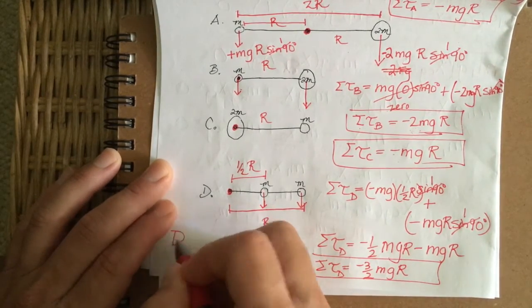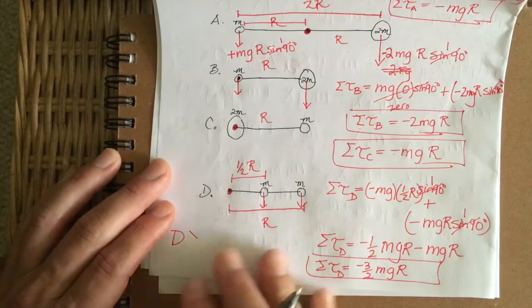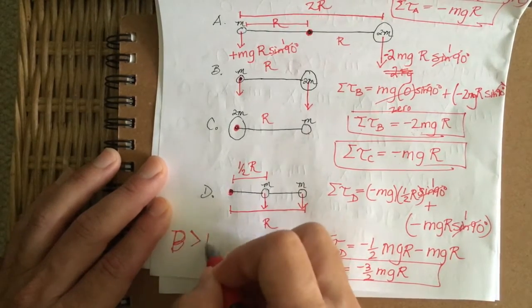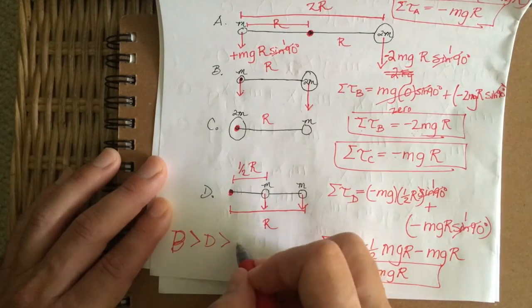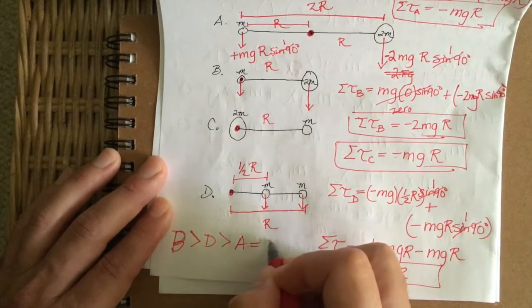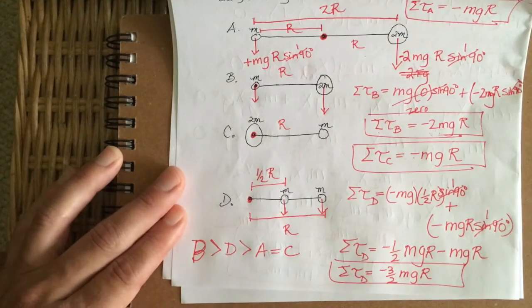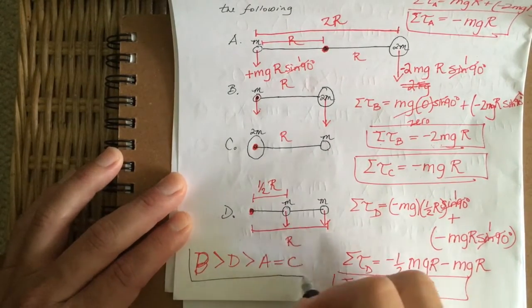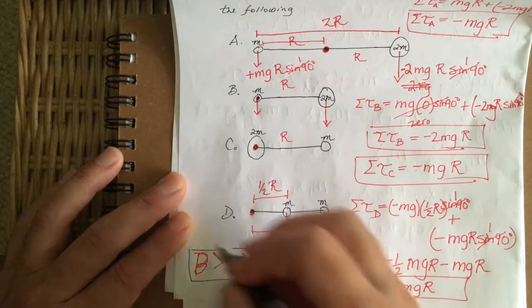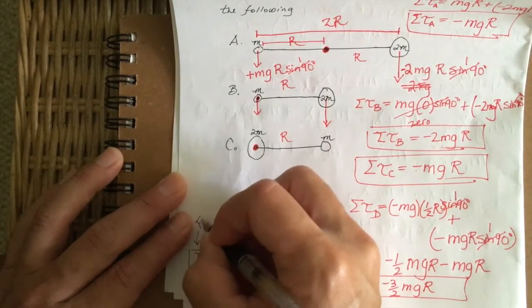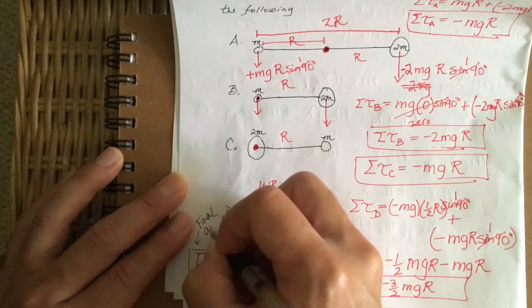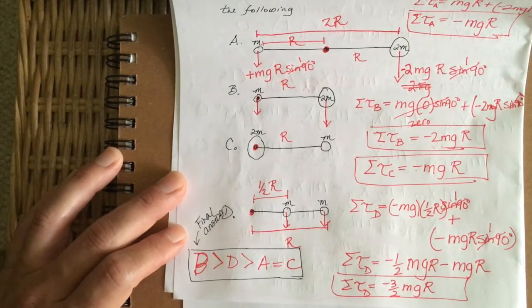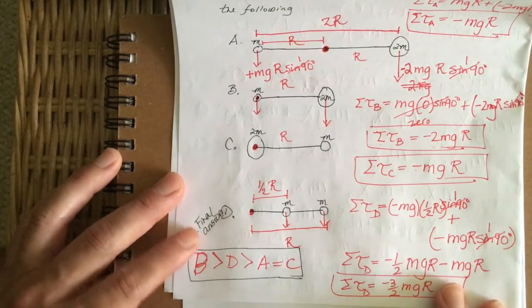B is greater than D, is greater than A equals C, right? And that's it. So hopefully there's your final answer. I can write a note there, final. The final answer. All right, so there you go. All right, that's it.